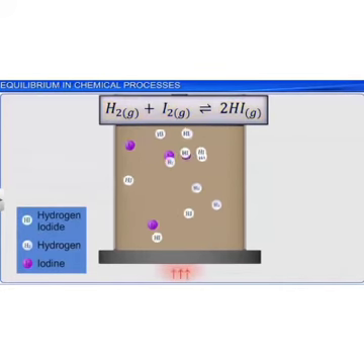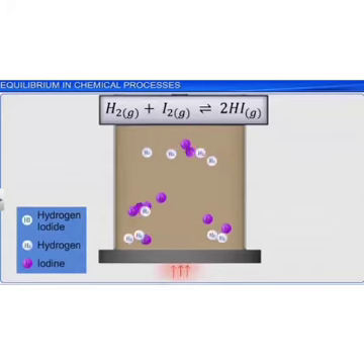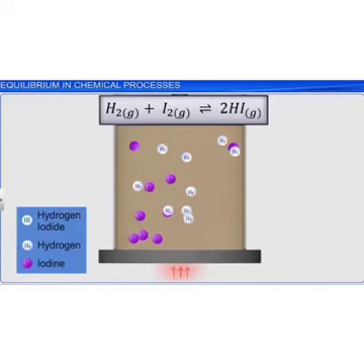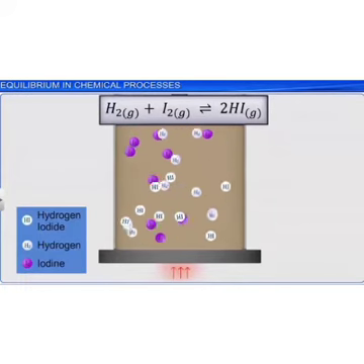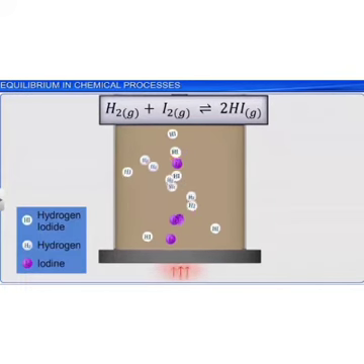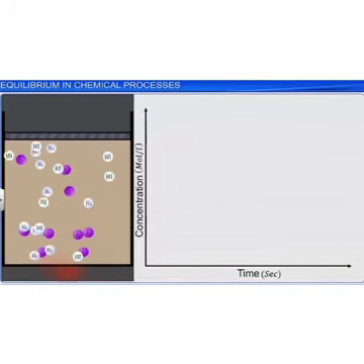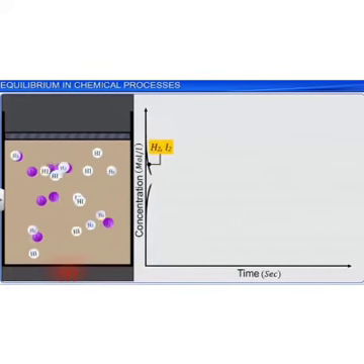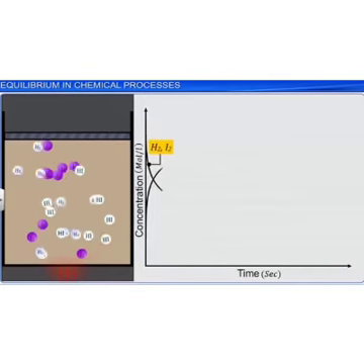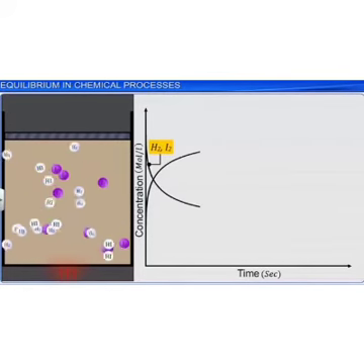When a mixture of equal initial concentrations of hydrogen and iodine are taken in a flask, maintained at 717 Kelvin, the intensity of the purple color decreases after some time. This is because, as the reaction proceeds, the concentrations of hydrogen and iodine decrease as they are consumed, and hence, the rate of forward reaction slows down.